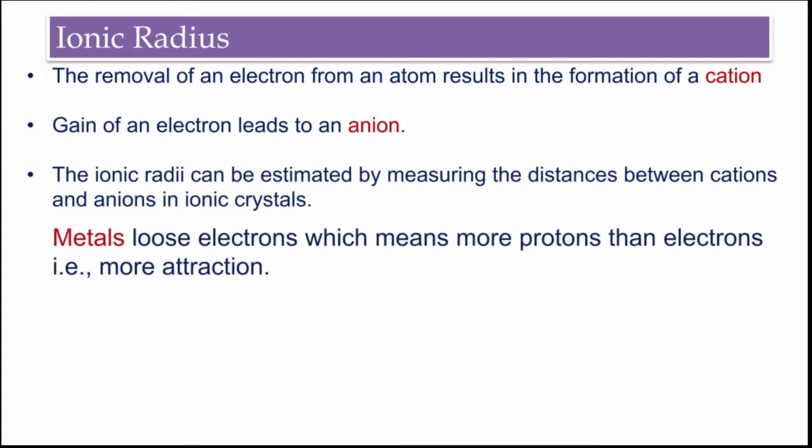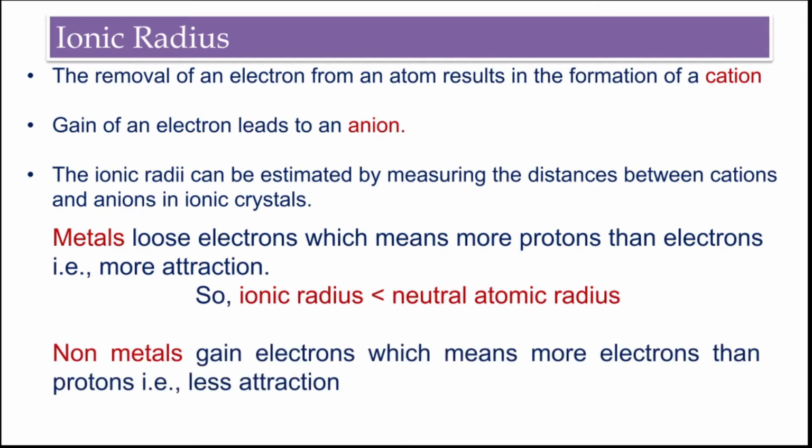Metals lose electrons, which means more protons than electrons, that is, there is more attraction. So the ionic radius will be smaller as compared to the neutral atomic radius. Non-metals gain electrons, which means more electrons than protons, that is, less attraction. So the ionic radius will normally be higher as compared to the neutral atomic radius.